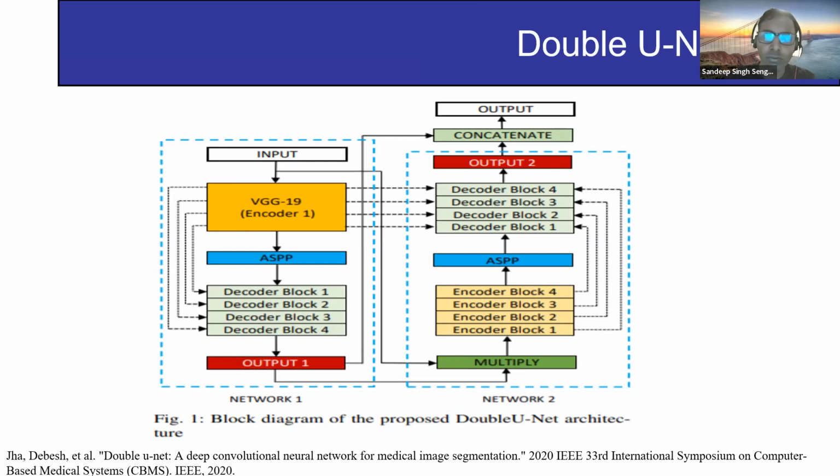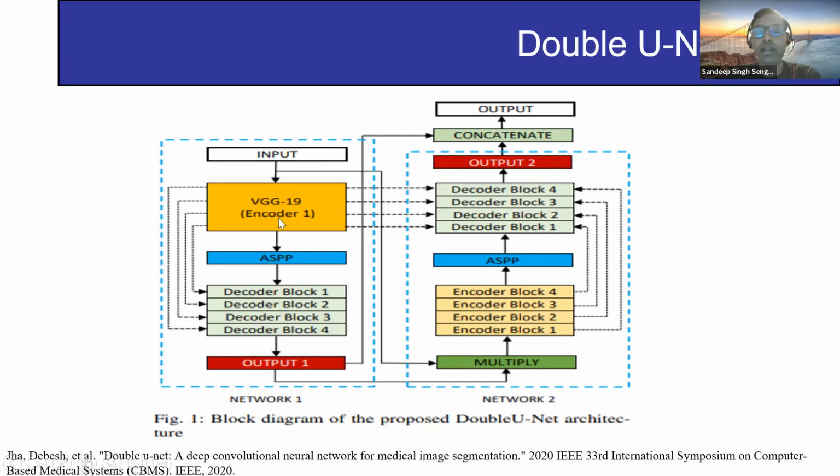There is one work called Double U-Net. In this Double U-Net, for the segmentation purpose, the author has taken a 2D slice, a 2D medical image, as input. Then he applied VGG19, a transfer learning technique, at the encoder part. Why is he applying transfer learning?